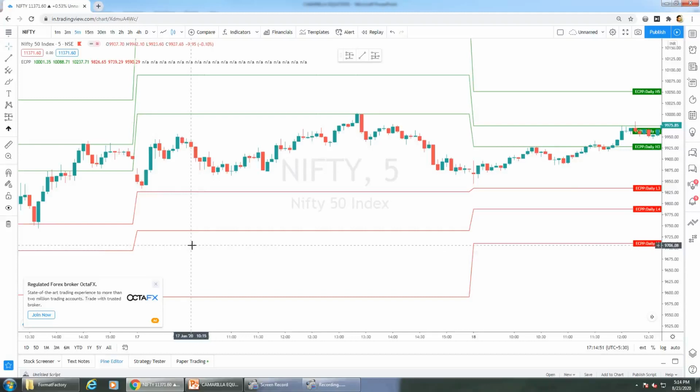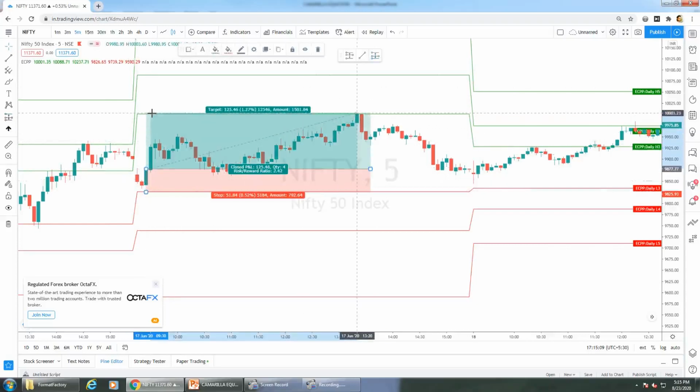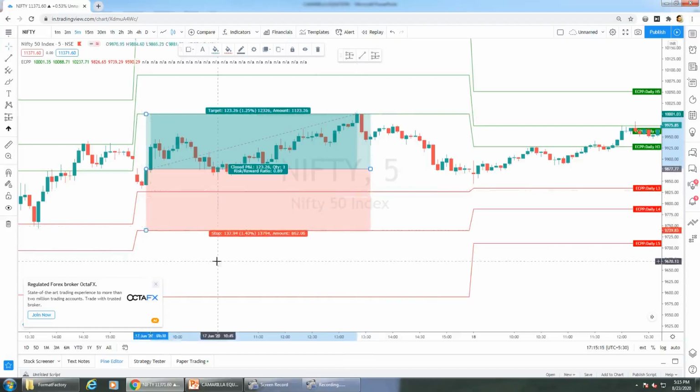Let's take June 17th as an L3 reversal example. If you see here, the market opened between H3 and L3, and it took support at L3 and reversed. So you can take a long trade after breaking the high of the third candle. The target will be H3 and the stop loss will be L4.